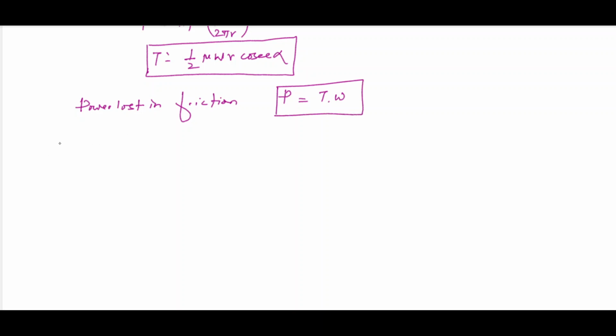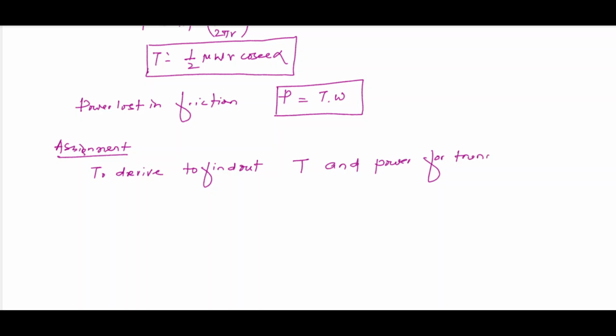So likewise, your assignment is to derive and find out the total frictional torque and power for a truncated conical, or you can say trapezoidal, pivot bearing.